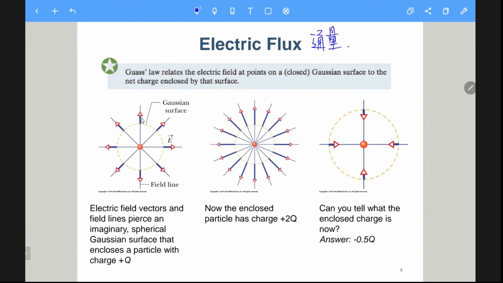It specifies the direction and visualizes the relative magnitude. You can't know the exact magnitude, but from the field lines you can tell which part of the electric field is relatively large or small. And now we introduce another concept called the electric flux.